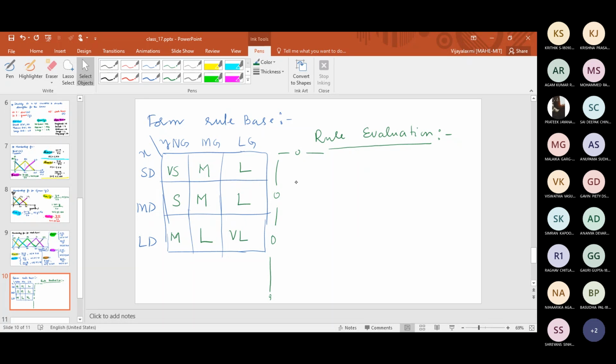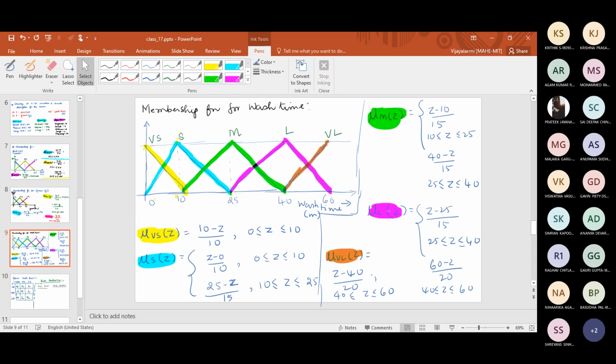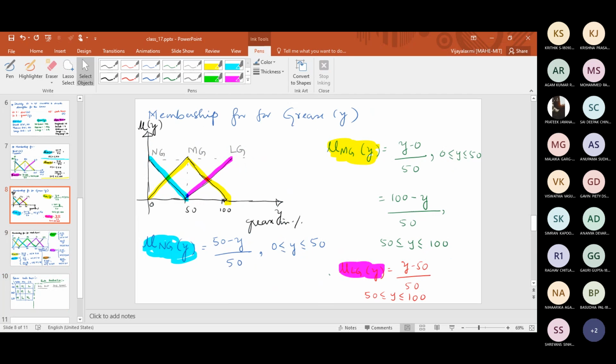So now I'll take one example. It is mentioned in the question, 60% dirt and 70% grease, you need to evaluate it, right? So I'll tell you how to do it. Now what you do is, 60% dirt and 70% grease. Let me go back.